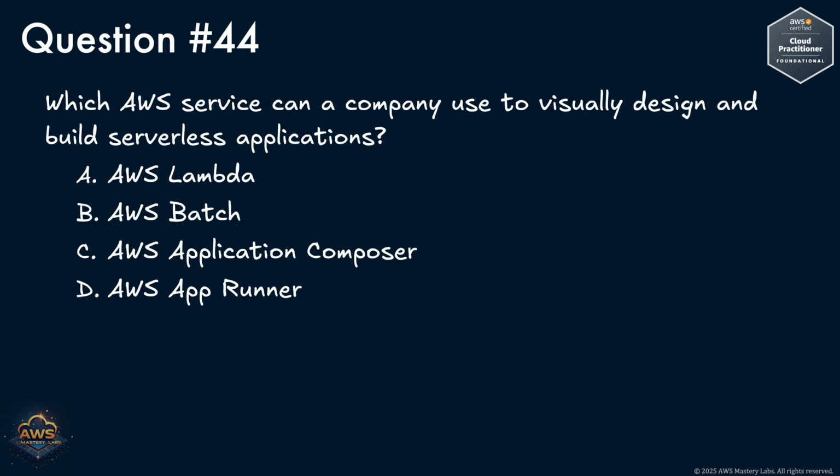Which AWS service can a company use to visually design and build serverless applications? Let us identify and interpret key phrases in the question that will help with answering it. In this scenario, a company is looking for an AWS service that allows them to visually design and build serverless applications. The keyword visually is crucial.